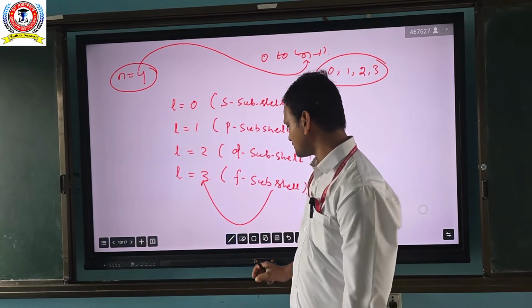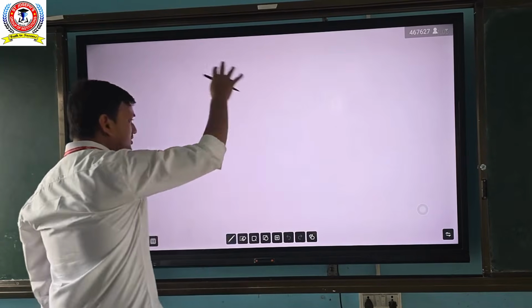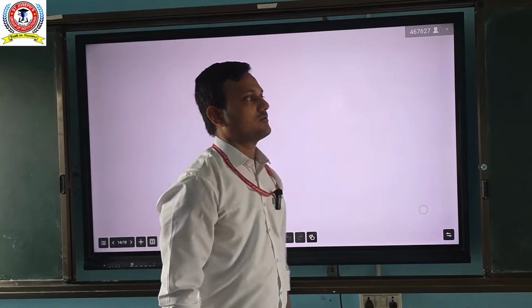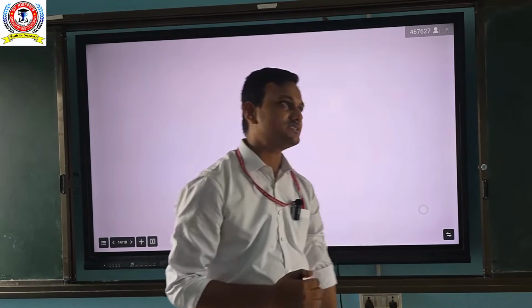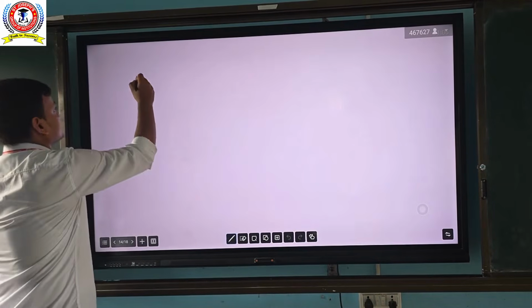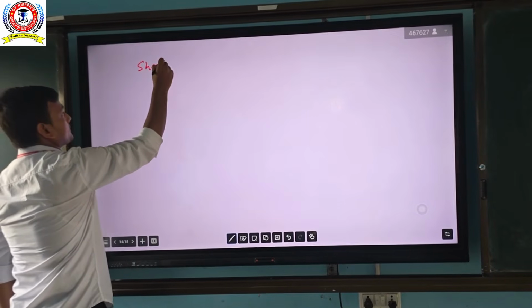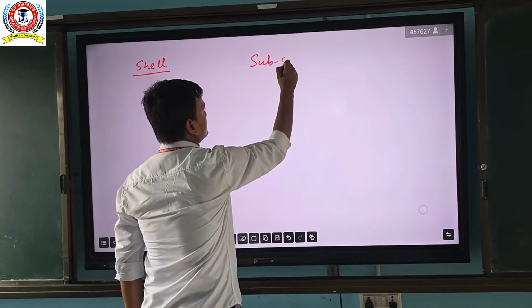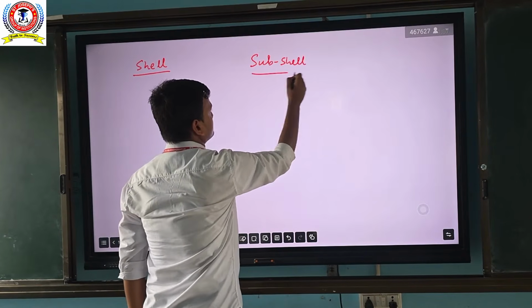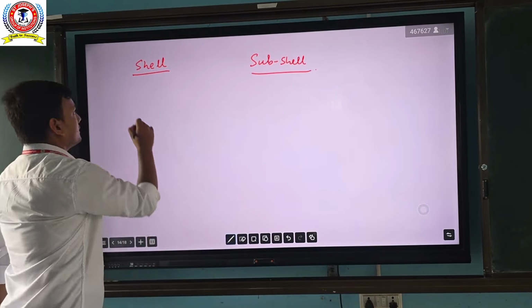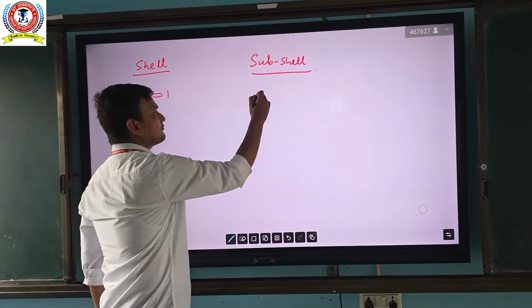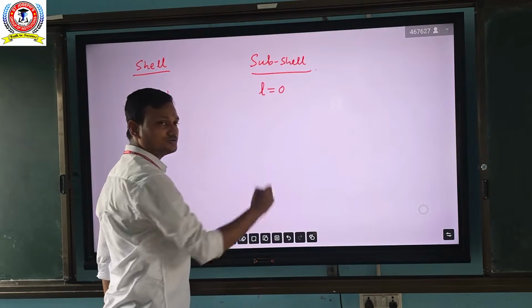Suppose all the things are kept in one page. Suppose this is your cell and this is your subcell. For the first cell there is one value of L, that is L is equal to 0.